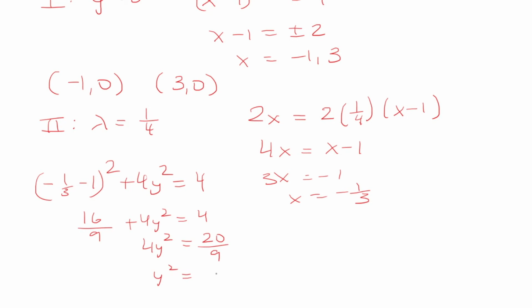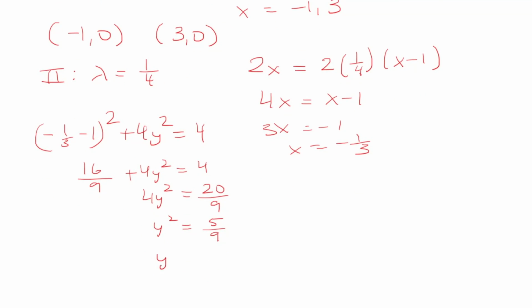Divide by 4. And then take the square root. So the square root, we get two answers, plus or minus square root of 5 over 3. Okay, so here the x value we said was negative 1/3, and then the y value is either plus or minus root 5 over 3.